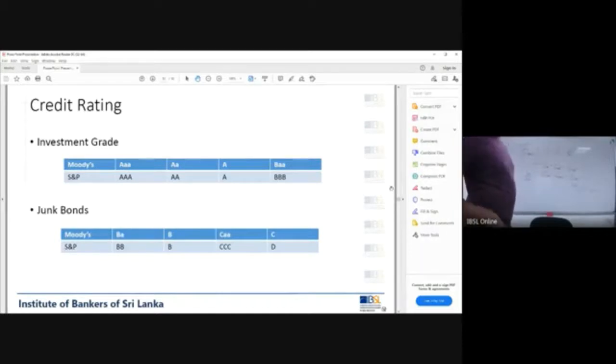Credit ratings are very crucial, because we saw Sri Lanka, our sovereign rating, getting downgraded, right? It was downgraded from, if I'm not mistaken, B plus to double C plus.